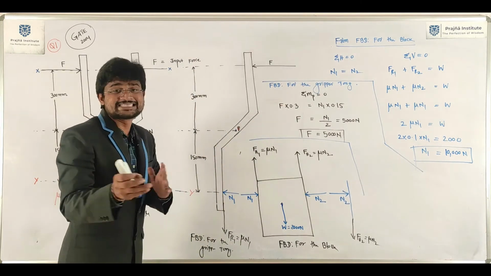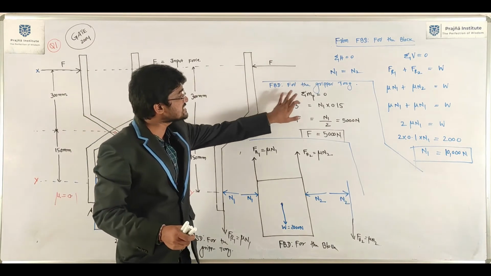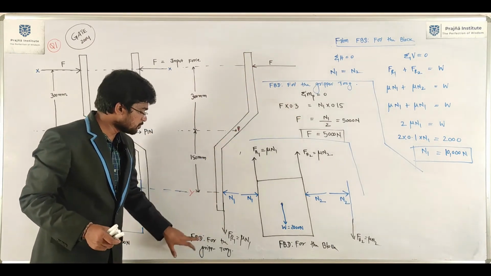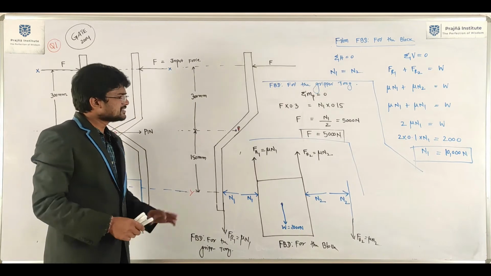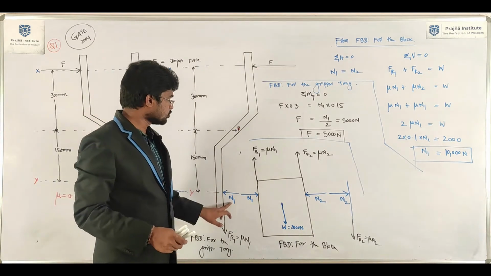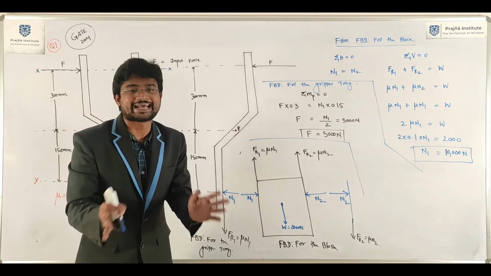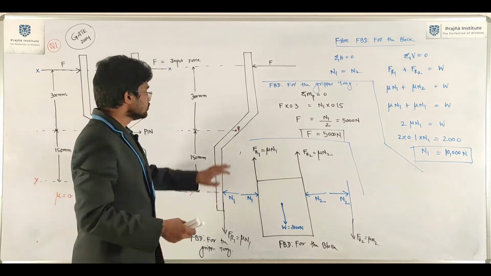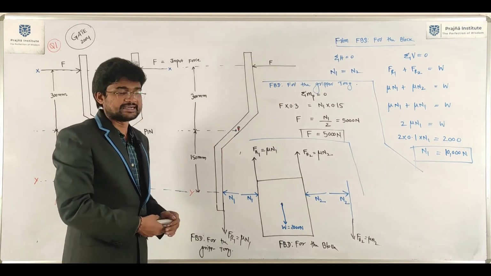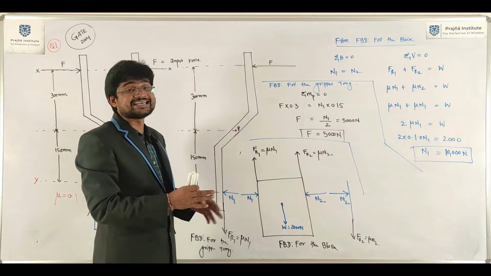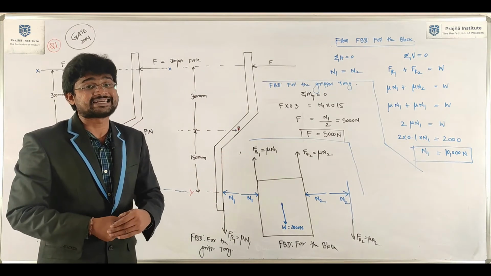For example, if you apply sigma h equal to 0 for the free body diagram of the gripper tongue, you will get F equal to minus N1. That is not correct. Why? Because you neglected some forces. That is why sigma h equal to 0 is not giving correct results.